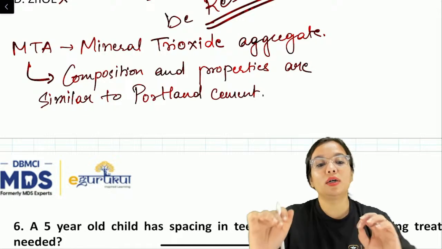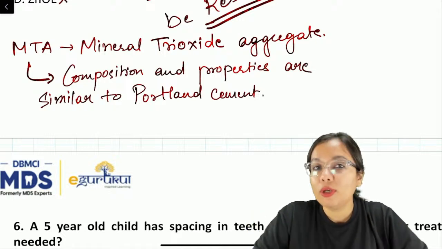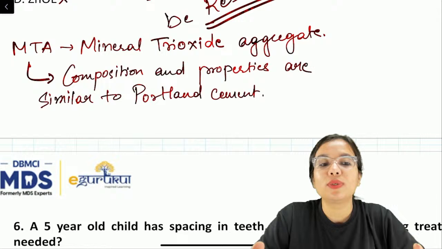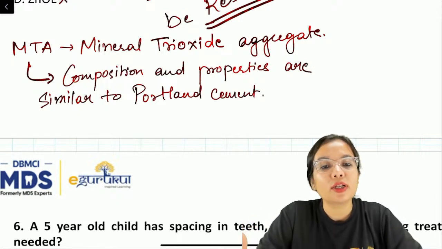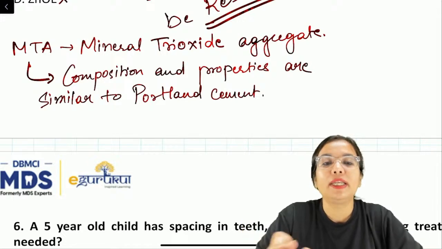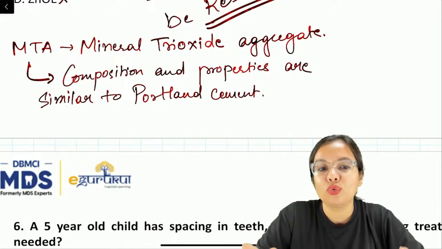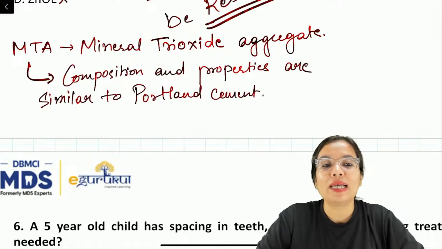Okay, so MTA cannot be used as an obturating material in deciduous teeth, as MTA cement sets into an insoluble, unresorbable solid mass. It does not resorb along with the resorption of the tooth root. It can be used as a pulpotomy agent in primary teeth.